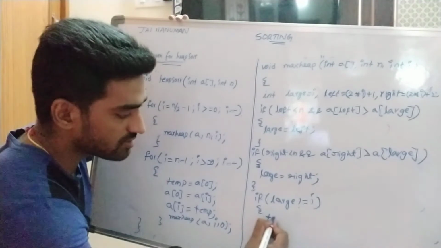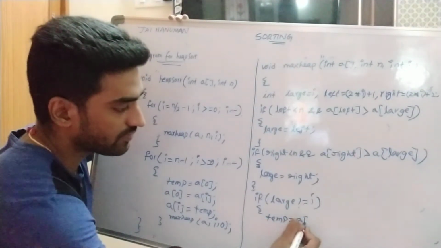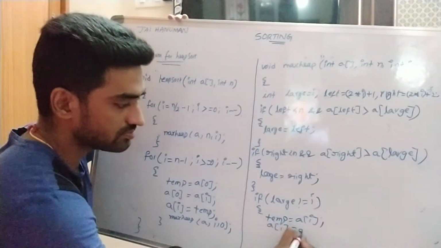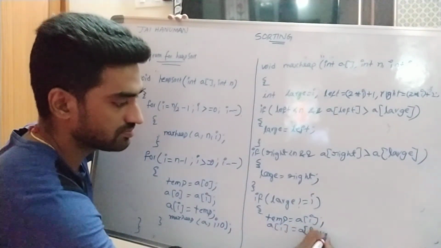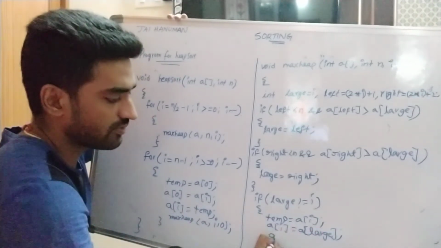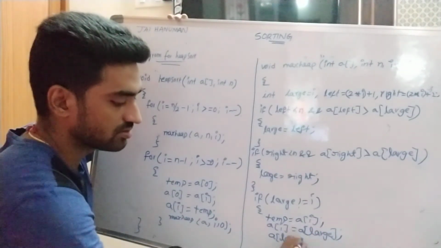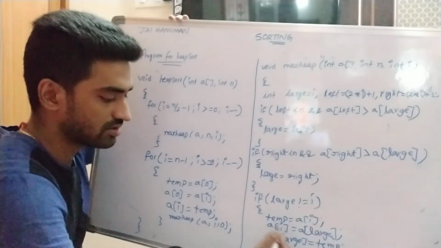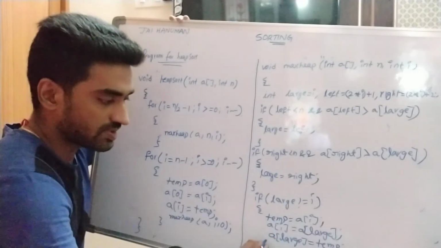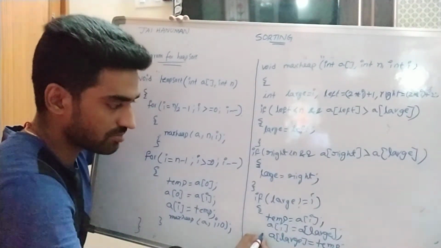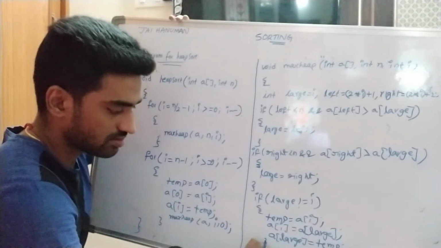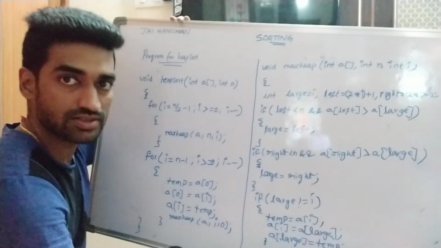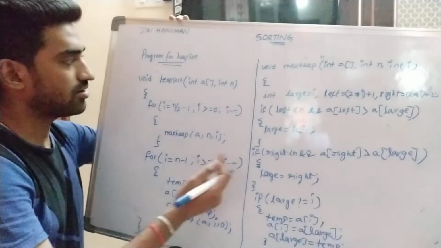For that purpose I am using temp is equal to a of i, a of i is equal to a of large, a of large is equal to temp. After completion of swapping, we are calling the max heap function.